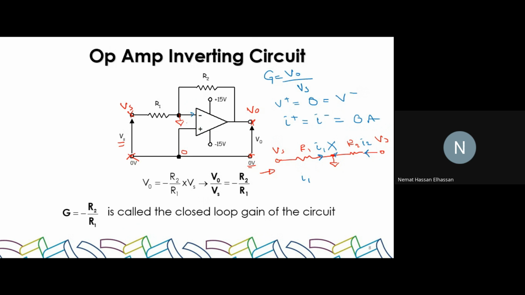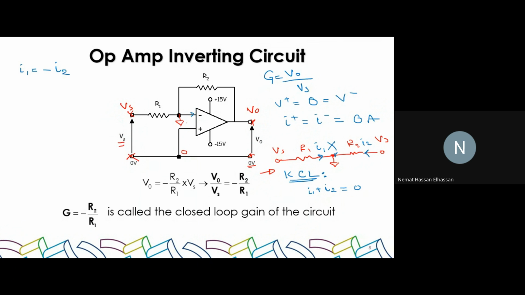Let's apply Kirchhoff current law. In node X, I1 plus I2 is equal to 0, correct? Both of them are entering the node and no currents are exiting the node. Or in other words, I1 is equal to negative I2, right?